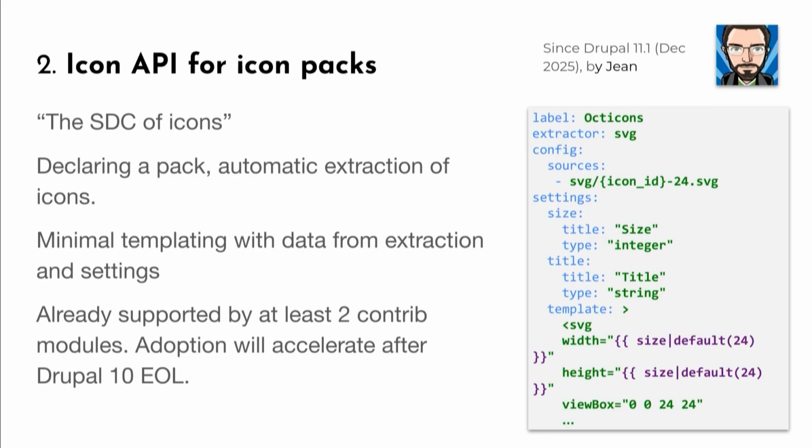6 months ago, we got the icon API. Very nice API, describing an icon pack, not icons one by one, an icon pack. So the front developer, when he's adding icons to the design implementation, can add a description of the packs, and then Drupal can load the description and work with it.